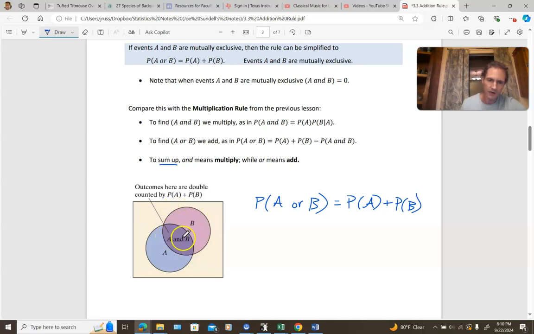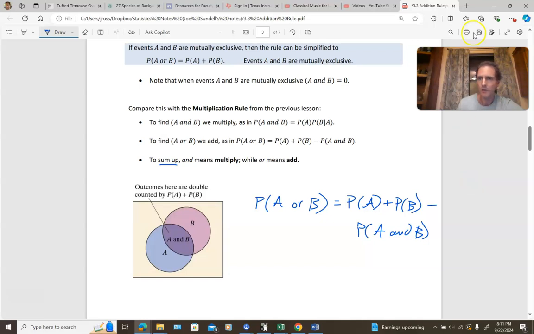So this little area right here, this intersection, would have gotten counted twice. So really, in finding the probability of A or B, I'm really just trying to find the probability of this whole area, not counting this region twice. Okay, so that's why at the very end we have to subtract off that intersection. So hopefully that kind of helped you visualize why we have to subtract at the very end.